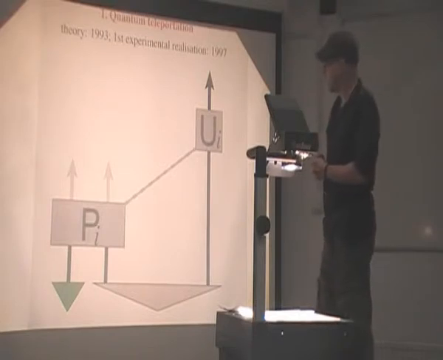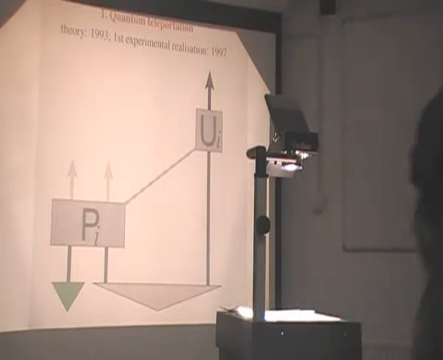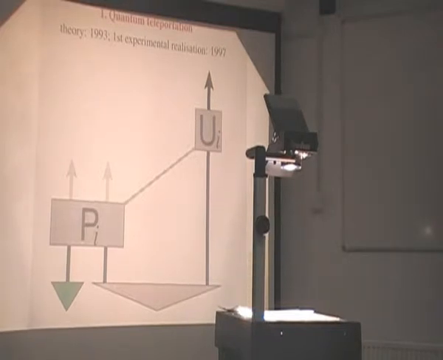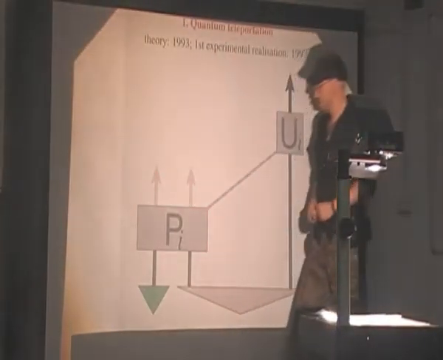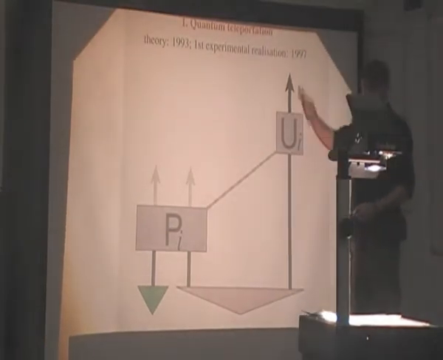So the idea is the following. You've got three systems, which are represented by lines here: 1, 2, 3. Time goes up in my pictures.